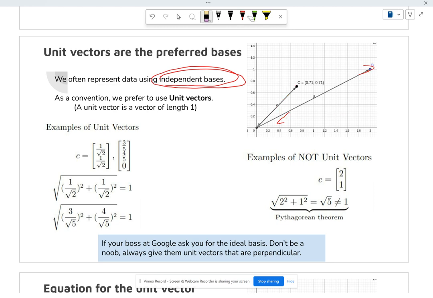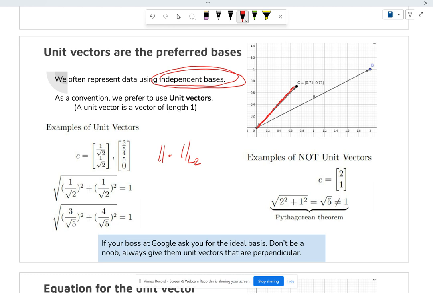So how do you scale a vector to 1? Well, first, what does that even mean? A vector of size 1 means the length is 1. And we learned how to calculate length. We're going to use the most common one, which is the L2, which is just the distance.